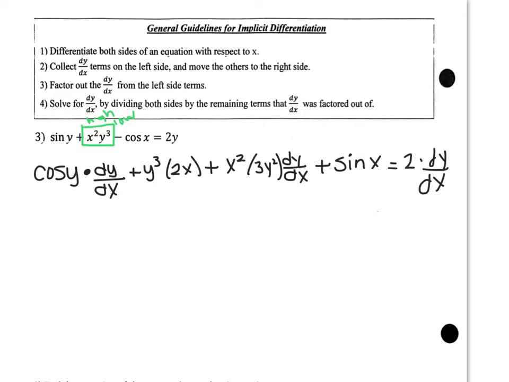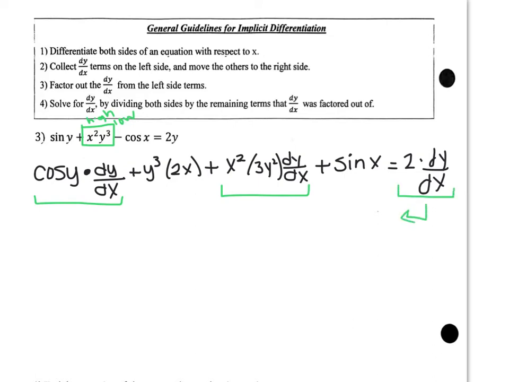Okay, so I know this looks a little bit difficult, but we're going to just keep all of the terms that have dy/dx on one side, and we're going to move these terms to the other side. So I kind of think that it's a little bit easier if you could do this in your head rather than writing it out. So what I want to do is I want to leave this term and this term on the left side, and I want to bring this term over.